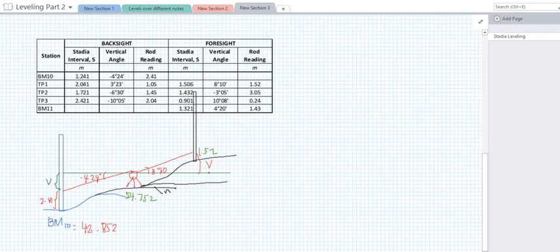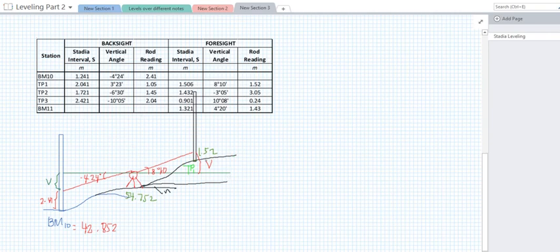Then we add the vertical distance, so this is the height of the instrument plus 21.18, and we subtract the rod reading, so we can compute the elevation of TP1. So TP1 equals 74.412 meters. That is the setup.